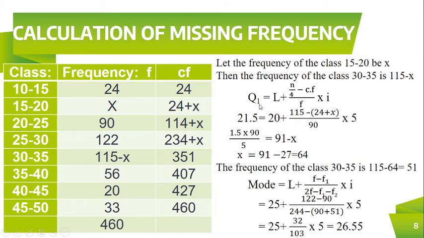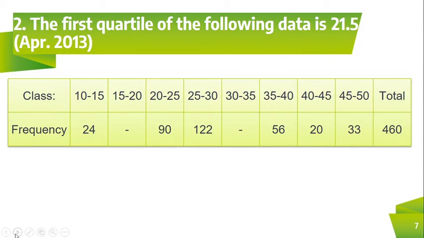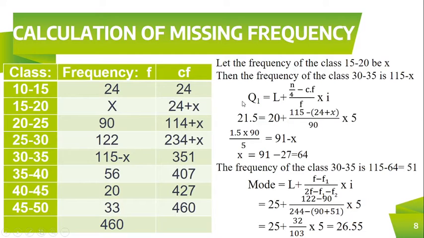Going to Q1, because they've given us in the question Q1 is 21.5. So we are taking the formula of Q1. Q1 is equal to L plus (N by 4 minus CF) by f into i.